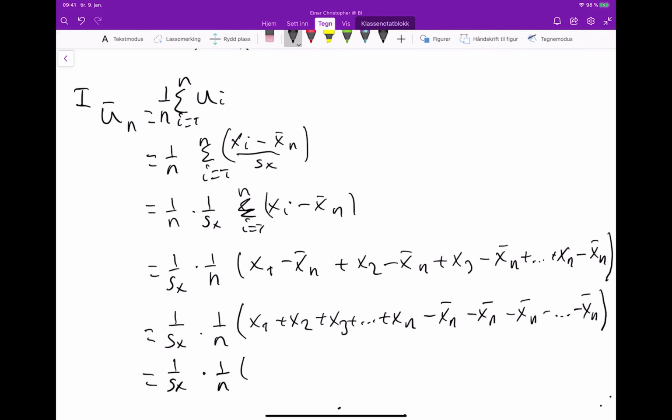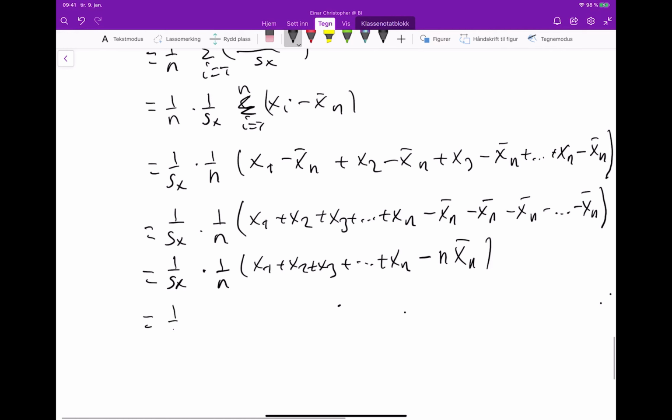First of all, we get now x1 plus x2 plus x3 plus dot dot dot plus xn, and then we have n terms of x bar n, so we get minus n terms x bar n, parenthesis.